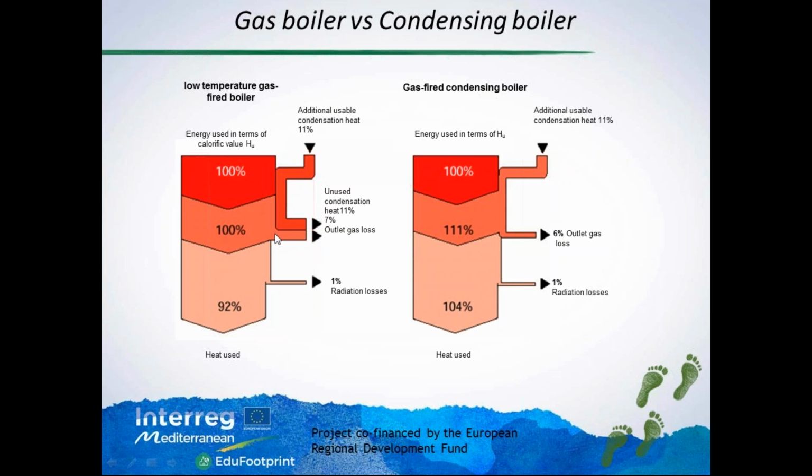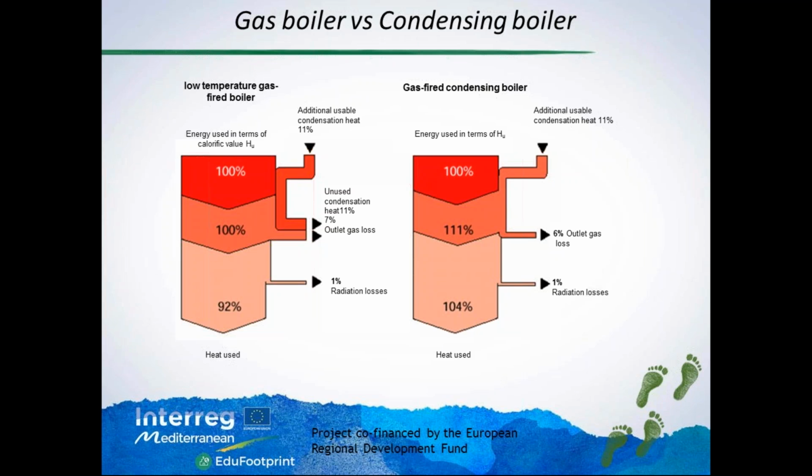So here are listed all the losses that a usual gas-fired boiler has: the heating, the outlet gas losses, and the radiation losses through the envelope of the boiler. And we have the same outlet gas losses and radiation losses, but we can use this 11% more.